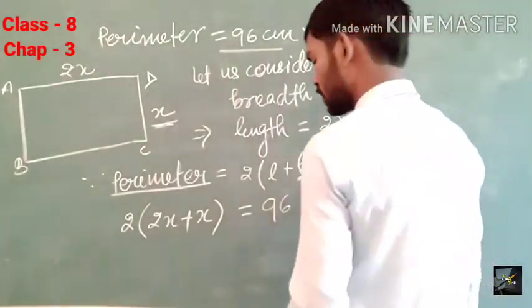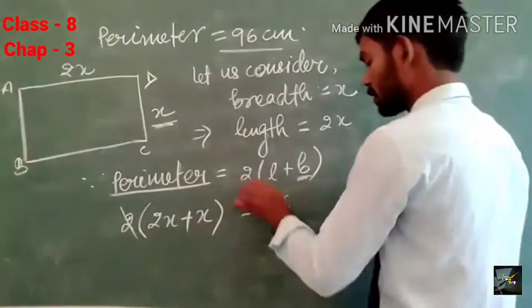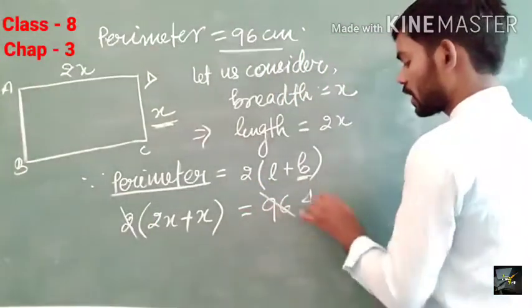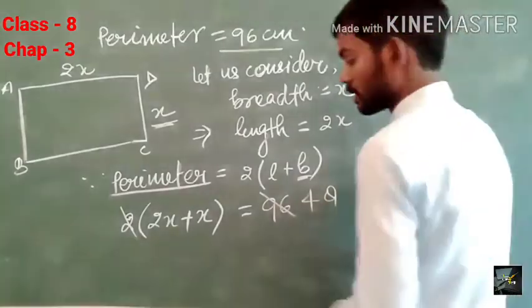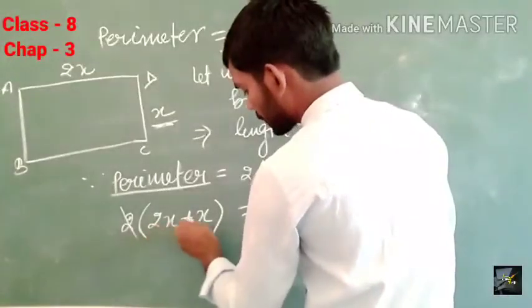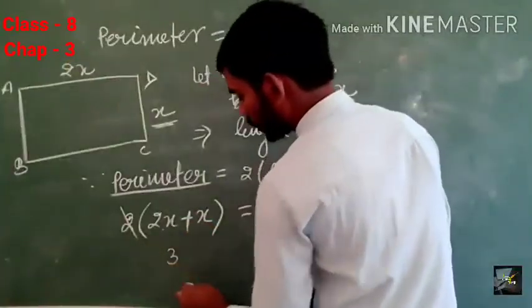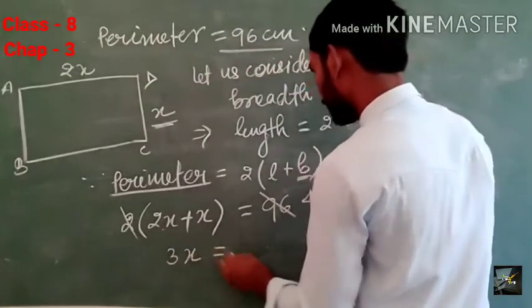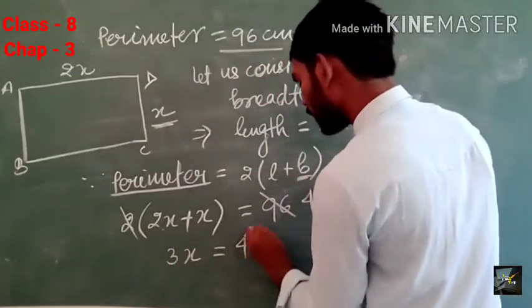In the next step, we can simplify. 2 1s are 2, 2 4s are 8, and 2 8s are 16. So here we get 2x plus x, which is equal to 3x, and 3x is equal to 48.